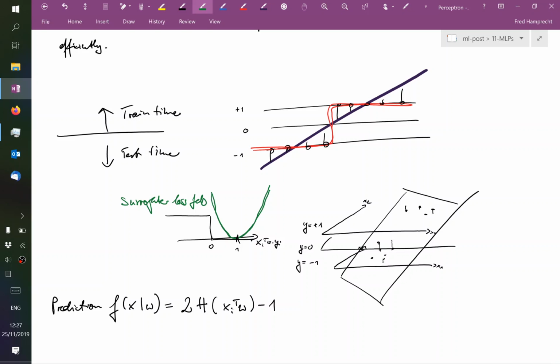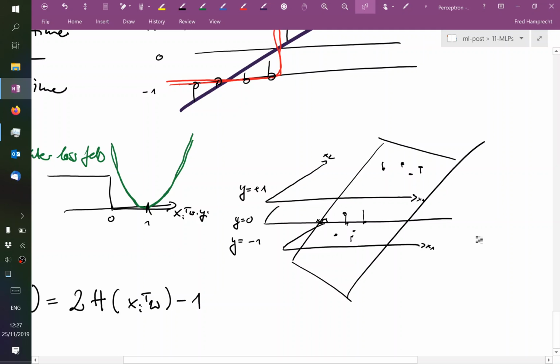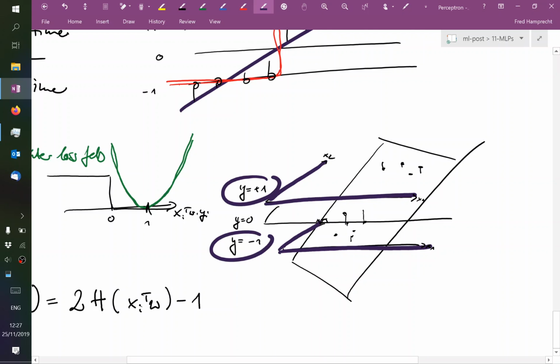I try to draw a picture here on the right-hand side where, for the training set, I've drawn two different planes, the plane of -1 and of +1, for the two classes. Where are my training examples? Those are the dots that you saw here. And then I try to fit a surface to it, just as we did in linear regression.